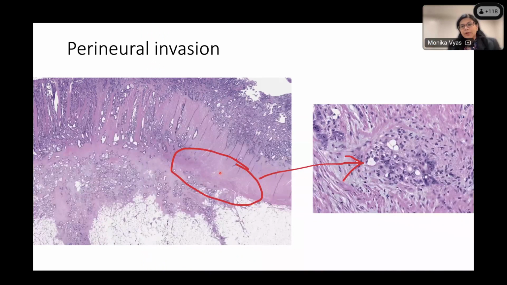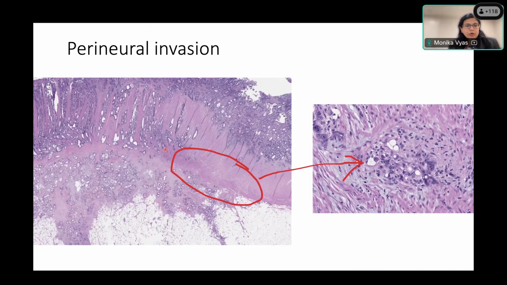So next parameter that we can talk about is perineural invasion. Again, a parameter that is associated with poor prognosis in colorectal cancers and gastrointestinal cancers. So common place to look for perineural invasion would be around the mesenteric plexus.